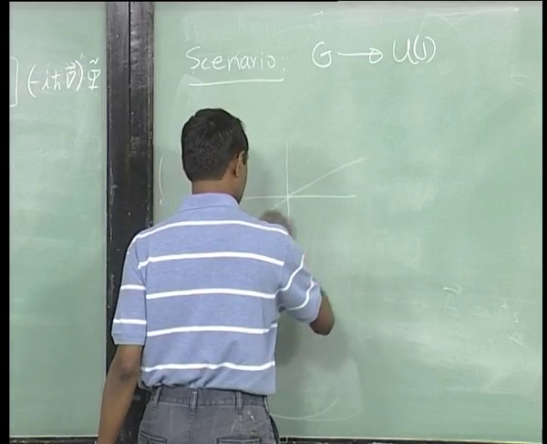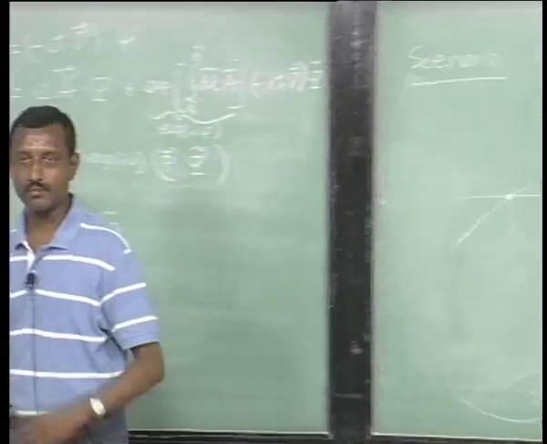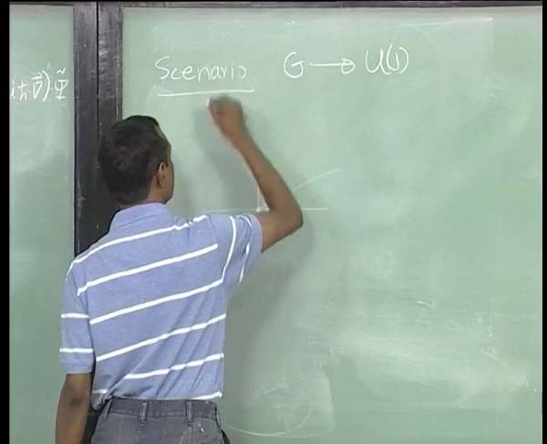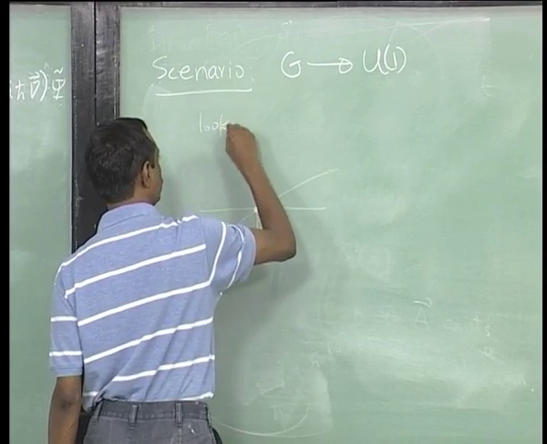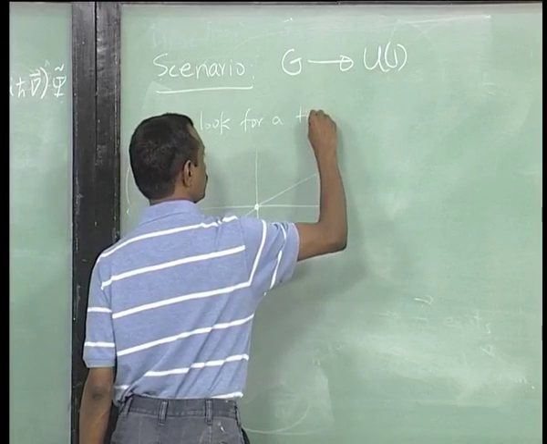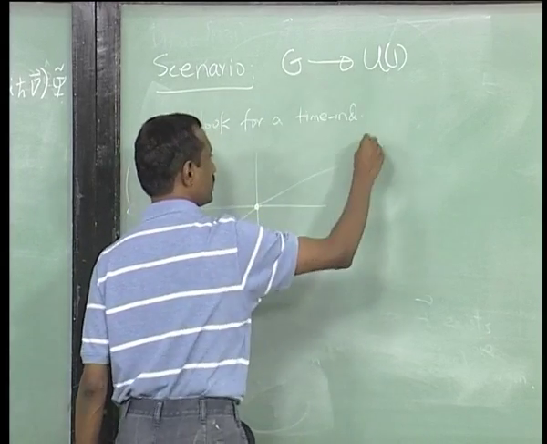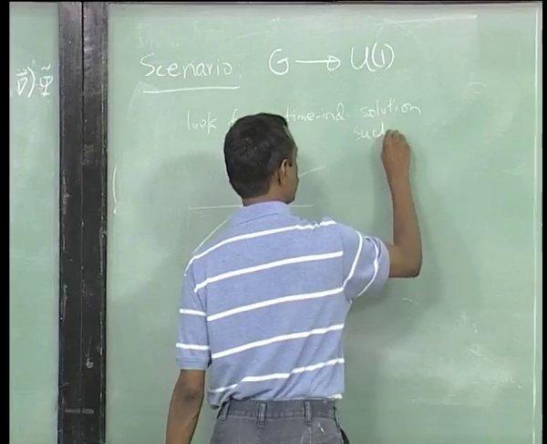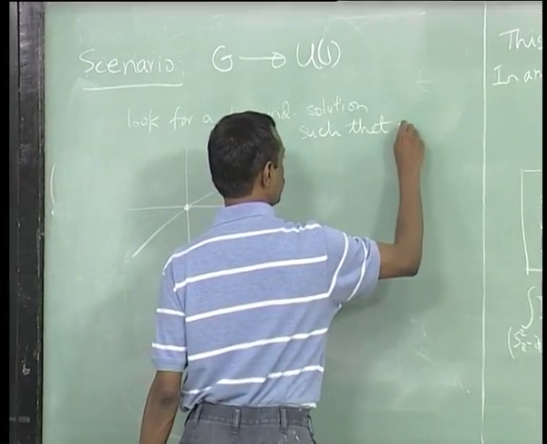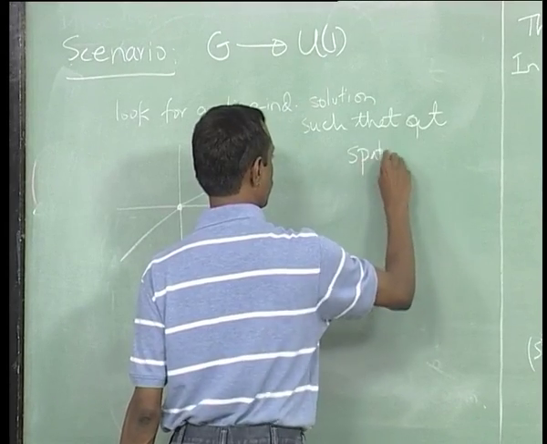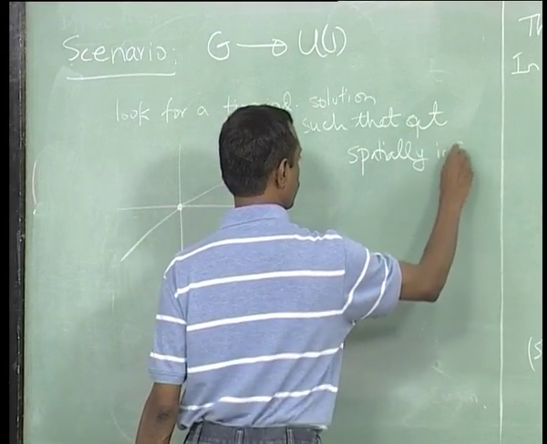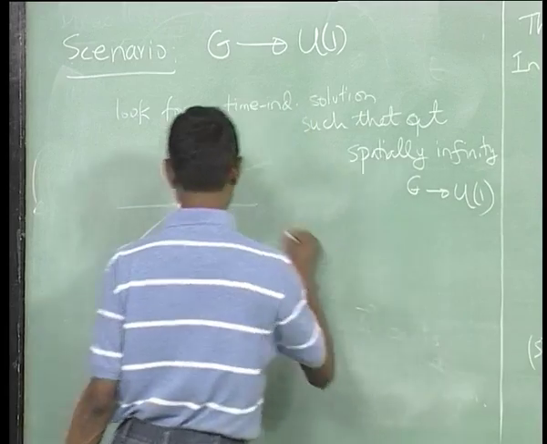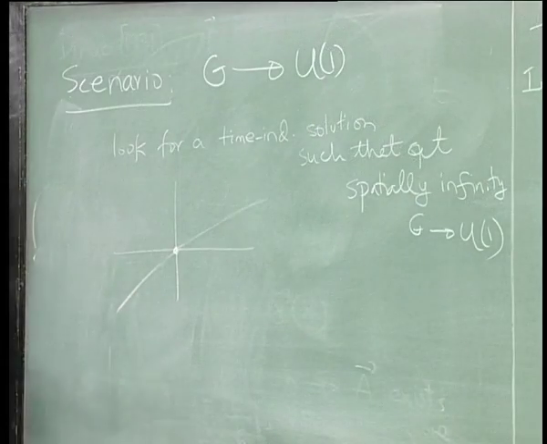The issue we had was really at the origin where there is a pole, but suppose we are asking for a classical time independent solution, such that at spatial infinity this is the pattern. So, far away. Let me just draw a 2D picture, but it is a 3D picture.